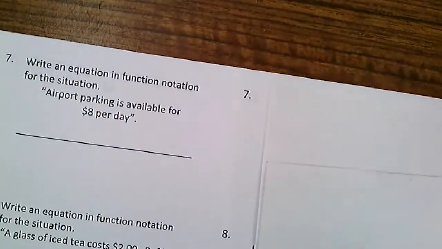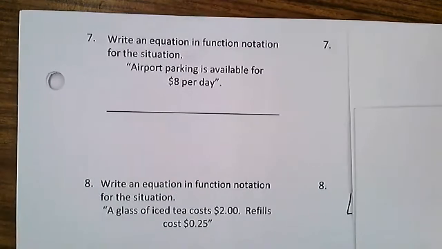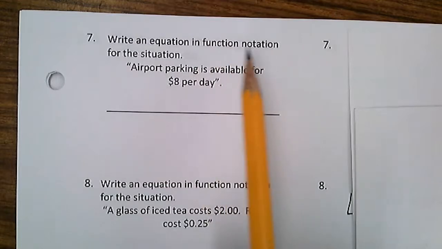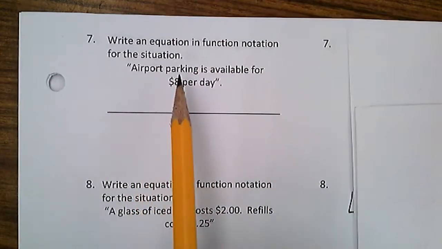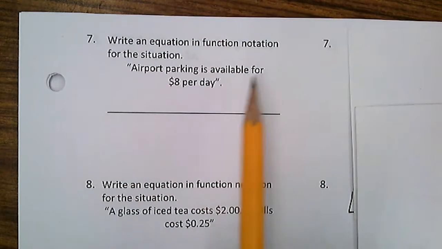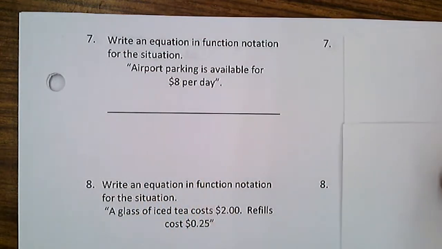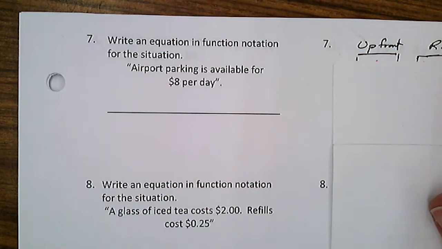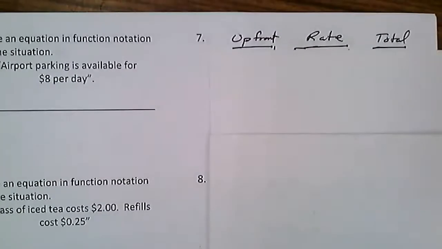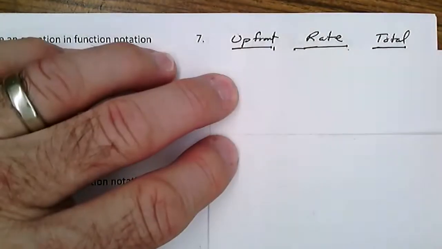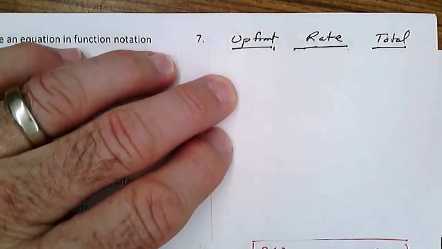On number 7, it says write an equation in function notation for the situation. Airport parking is available for $8 per day. To do this, go back to our 3-box strategy. My first question is, is there an upfront amount in this problem?